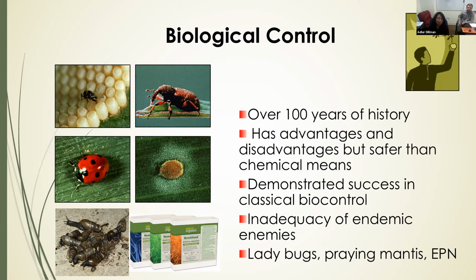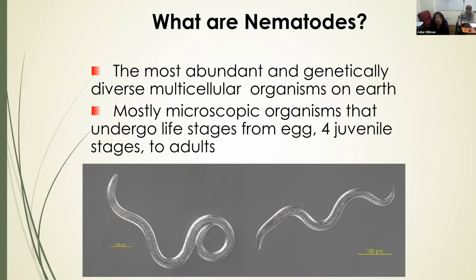Some of the present-day examples of biocontrol that can be easily bought from nursery garden centers would be the ladybugs and praying mantis. And of course, we mentioned a while ago about decollate snails that are used in certain counties in California. And of course, the entomopathogenic nematodes. And having mentioned nematodes, then maybe we should refresh our mind on what nematodes are.